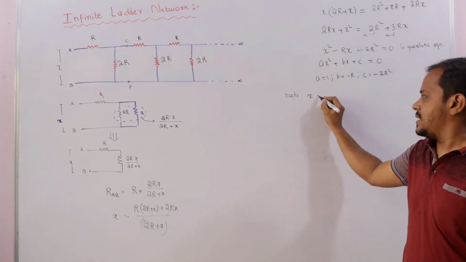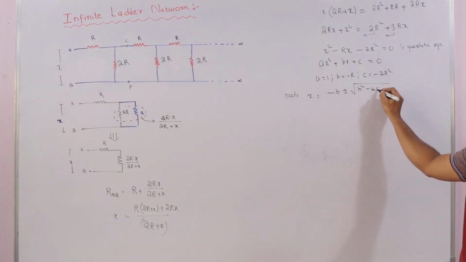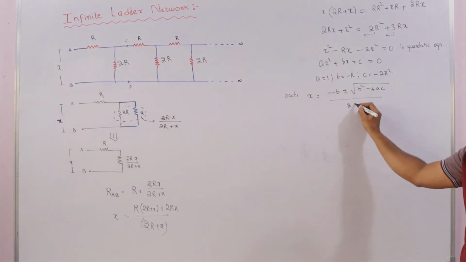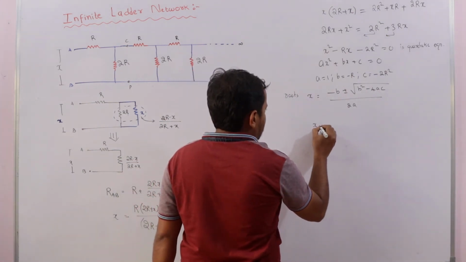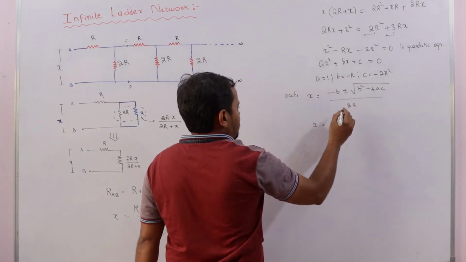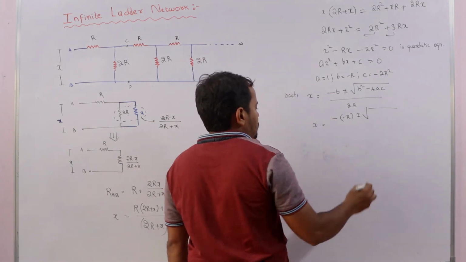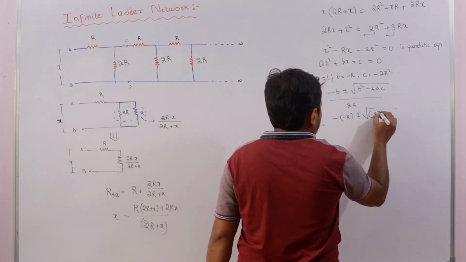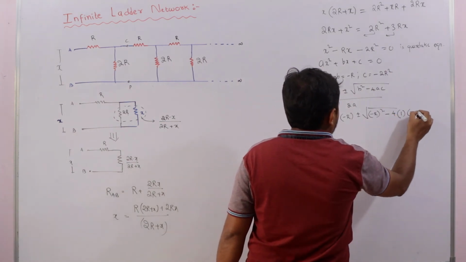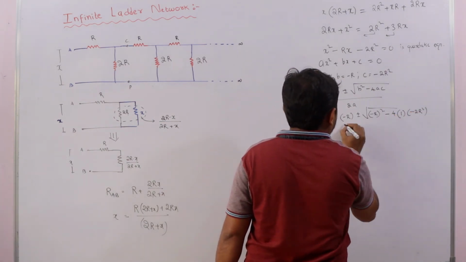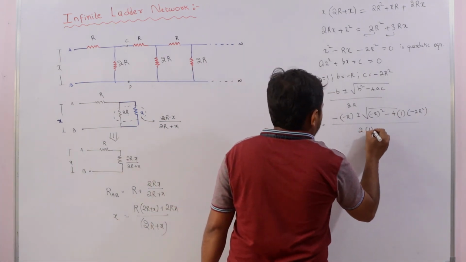The roots formula: X is equal to minus B plus or minus root over B square minus 4AC by 2A. Substituting the A, B, C values: X is equal to minus of B, which is minus R, plus or minus root over B square, which is minus R whole square, minus 4 into A, which is 1, and C, which is minus 2R square, by 2 into A, again 1.